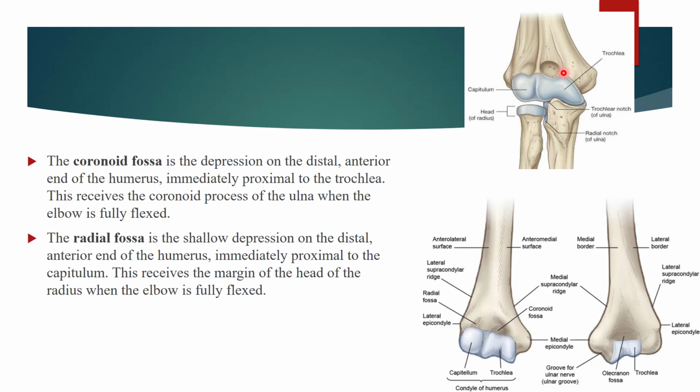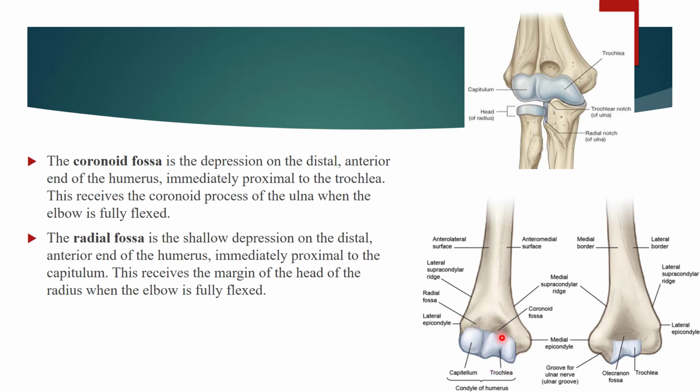This is the coronoid fossa because the coronoid process of the ulna will come here when the elbow is fully flexed, and this is the radial fossa because the head of the radius will come here when the elbow is fully flexed. So we have discussed the lateral supracondylar ridge, lateral epicondyle, and laterally the capitulum, then the medial supracondylar ridge, the medial epicondyle, and the medial condyle which is the trochlea.